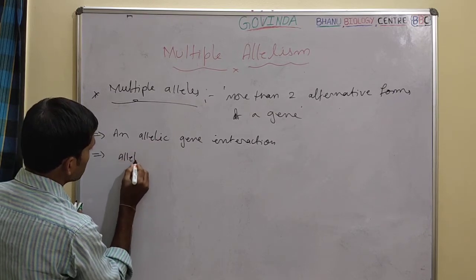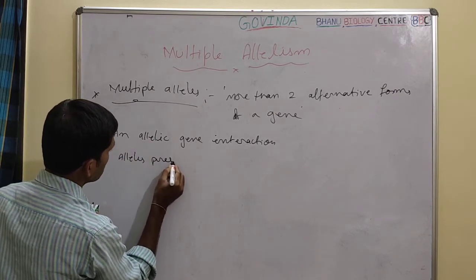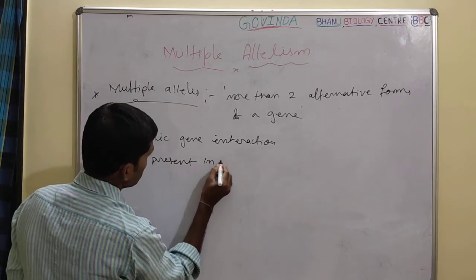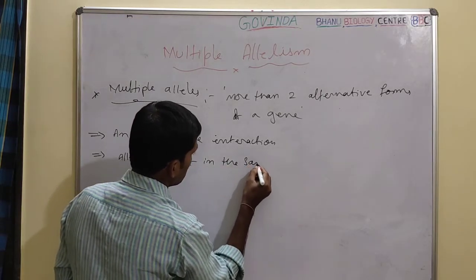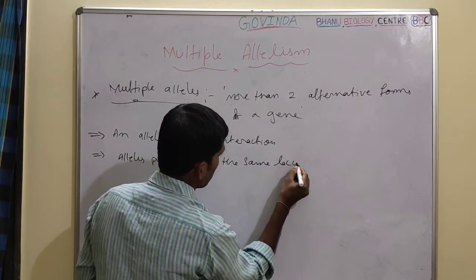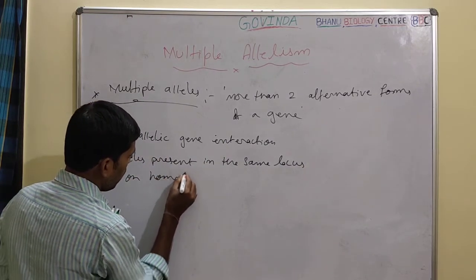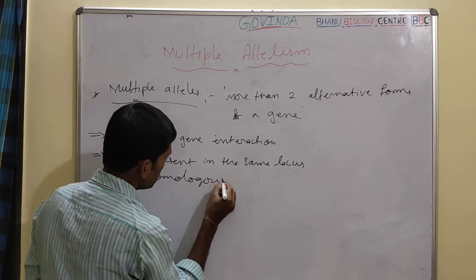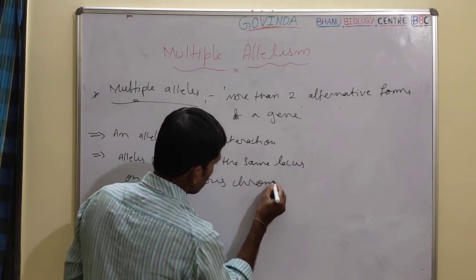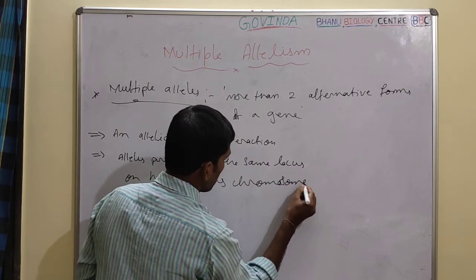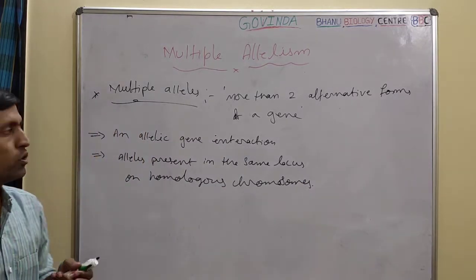All alleles are present in the same locus on homologous chromosomes.